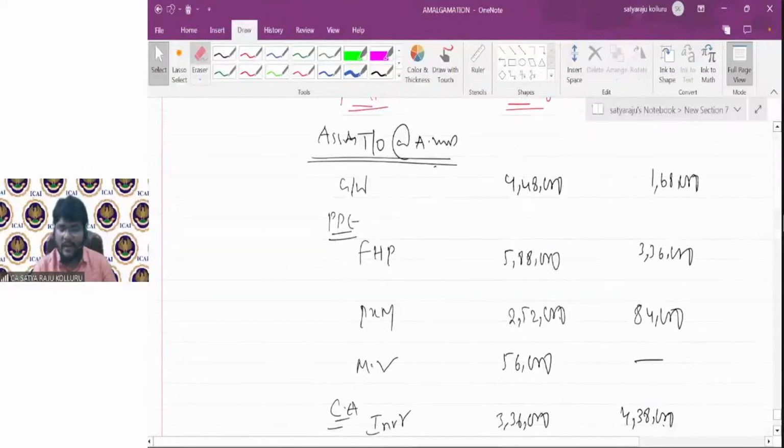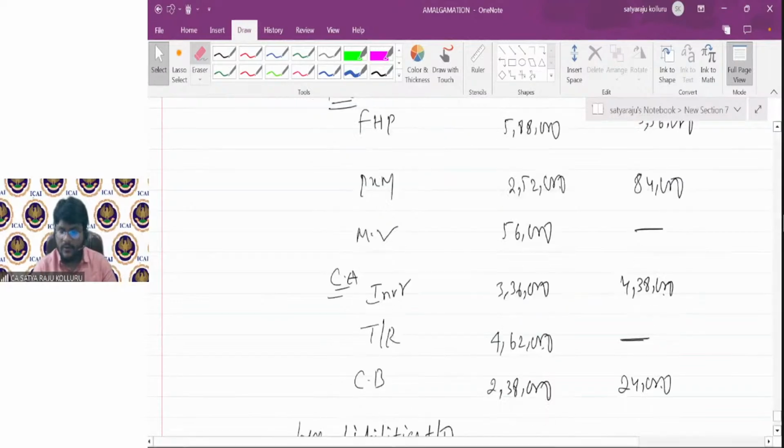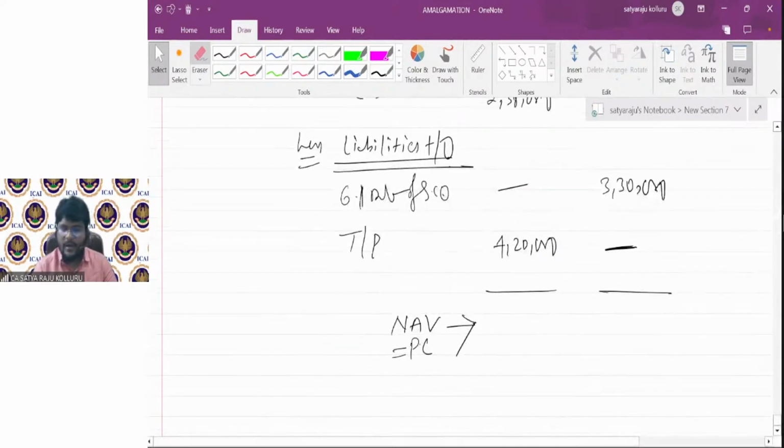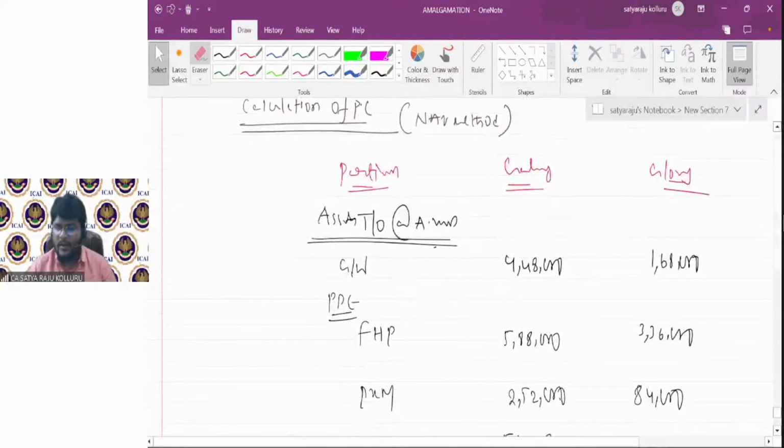Let me calculate once again quickly. 4,48,000 plus 5,88,000 plus 2,52,000 plus 56,000 plus 3,36,000 plus 4,62,000 plus 2,38,000. So total of assets I got 23,80,000. Reduce the liability. Liability is only 4,20,000, which is trade payable. I got 19,60,000. Am I right? NAV for Galaxy 19,60,000. Now you can calculate for Glory.